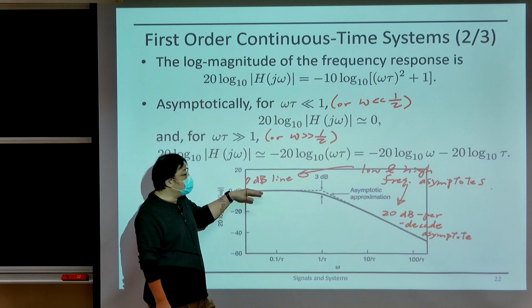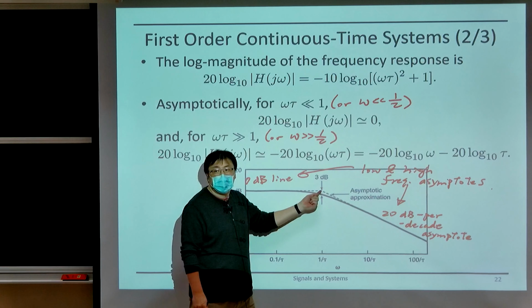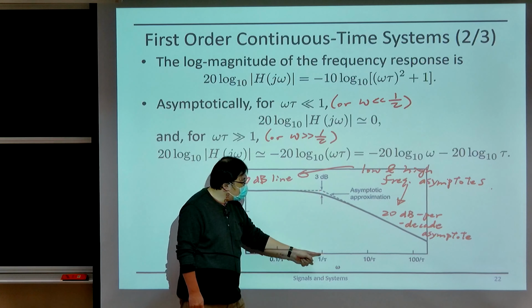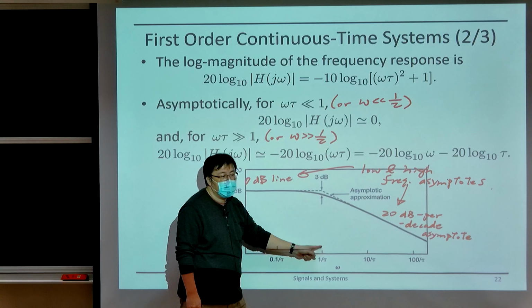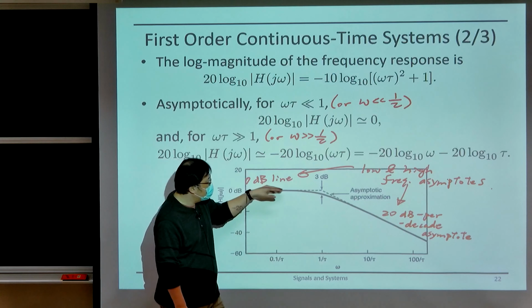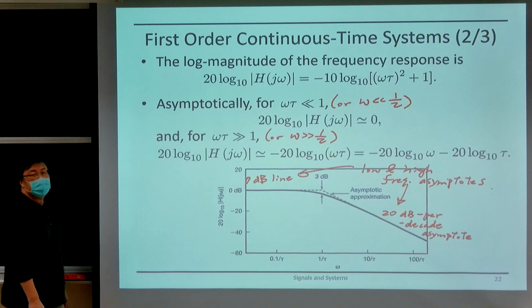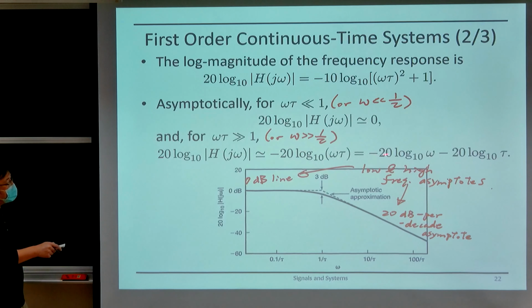And the point at which these two lines intersect with each other is called the break frequency. You can see that the intersection of these two lines is exactly when omega is equal to 1 over tau.